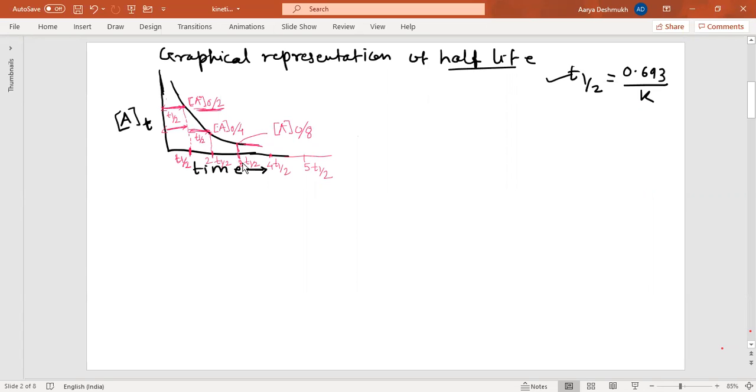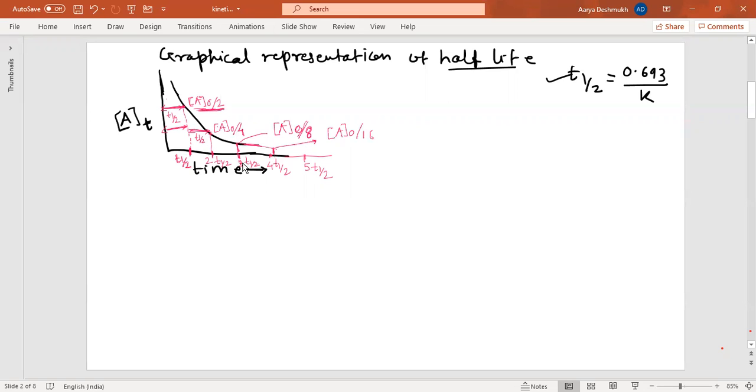Meaning what we are doing, we are just reducing the concentration of A by 2 times. So this will be A0 initial concentration divided by 8 here for thrice of the T half, and so on. For 4 times of this T half, for this point, it would be concentration of A0 divided by 16.